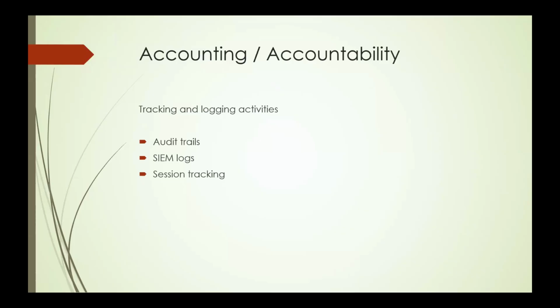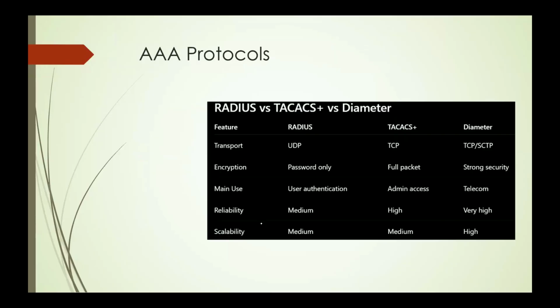We always go and check login history when something happens, right? That's where auditing and accounting will be very useful. Accounting creates accountability because users know their activities are logged, so we will be very careful when performing any of the operations.